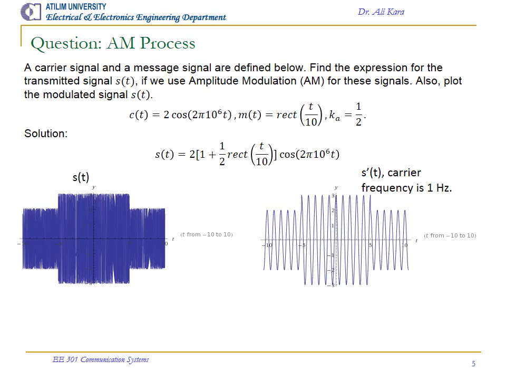Also, plot the modulated signal s of t. c of t equals cosine 2 pi 10 to the 6 t. m of t equals rect of t over 10 k. A equals 1 over 2. Solution: for better visualization, the modulated signal is also drawn when a cosine wave with 1 Hz frequency is used.